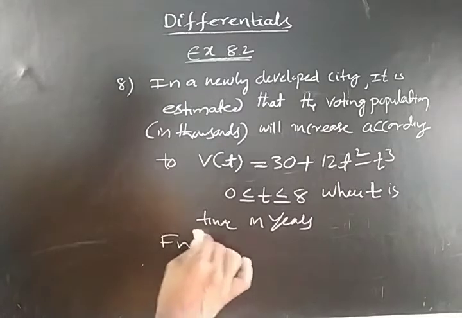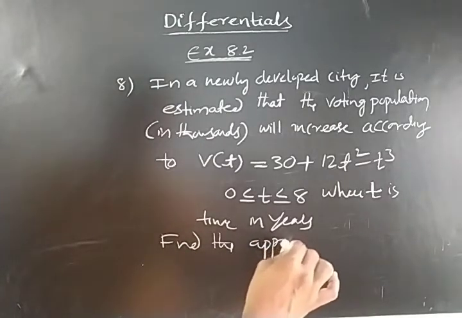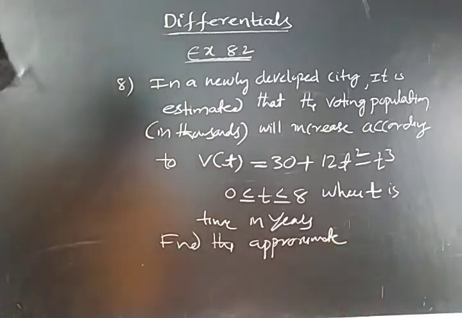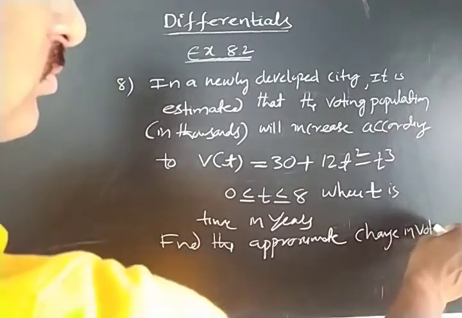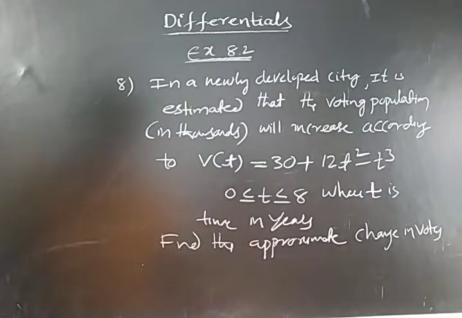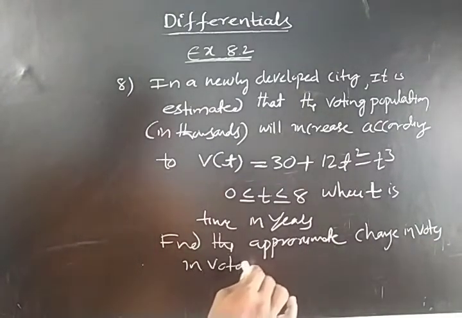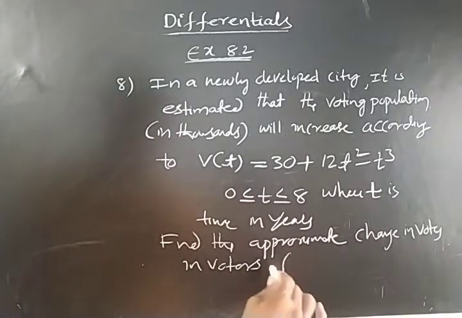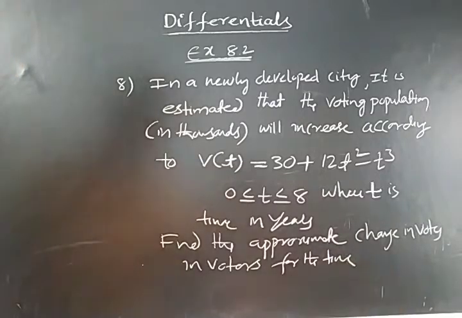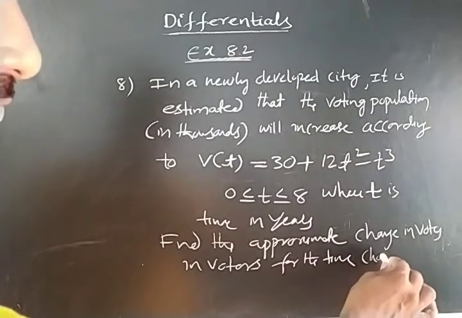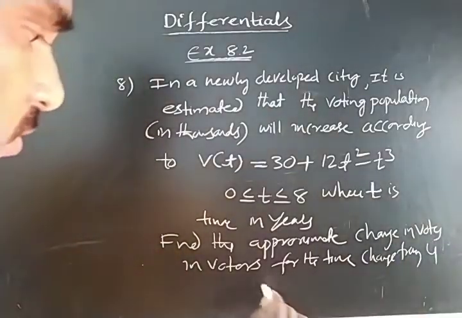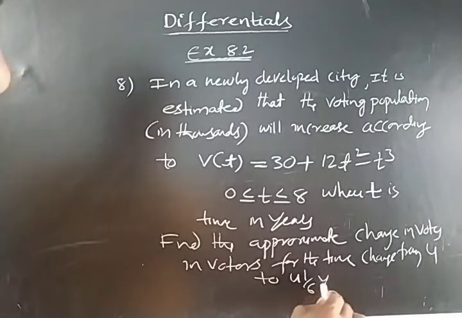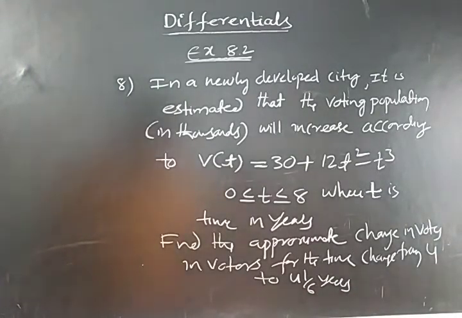Find the approximate change in voters for the time change from 4 to 4 1 by 6 years.